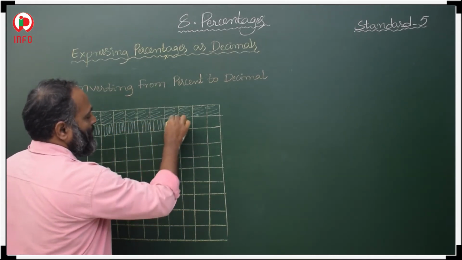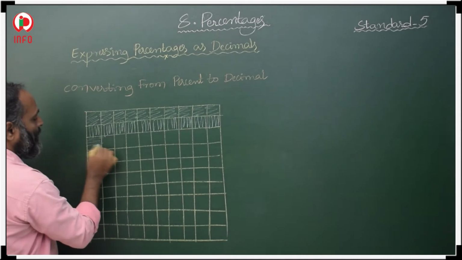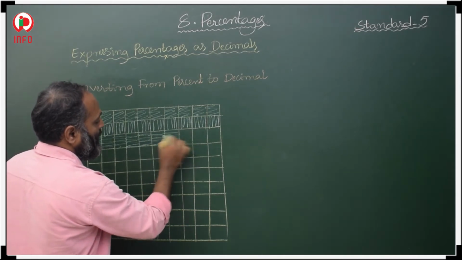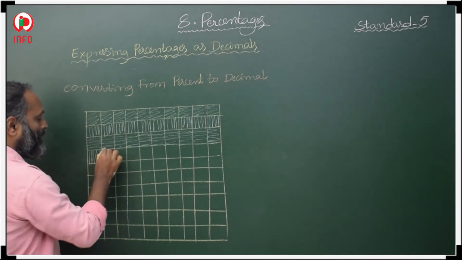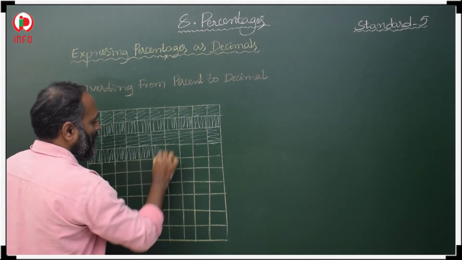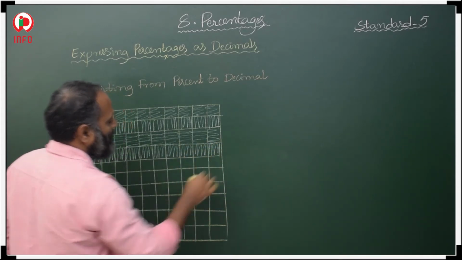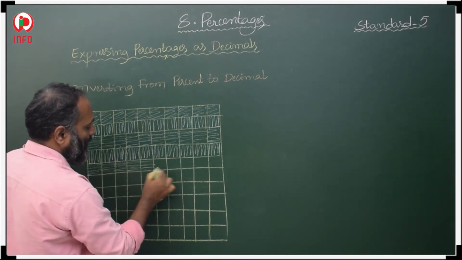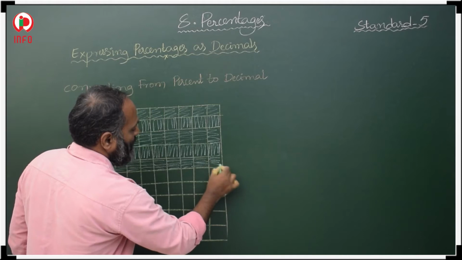15, 16, 17, 18, 19, 20, 21, 22, up to 40, 41, 42, 43, 44, 45, 46, 47, 48, 49 and 50.